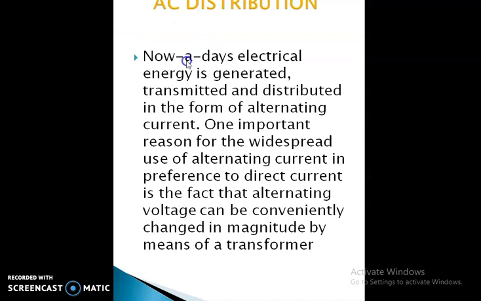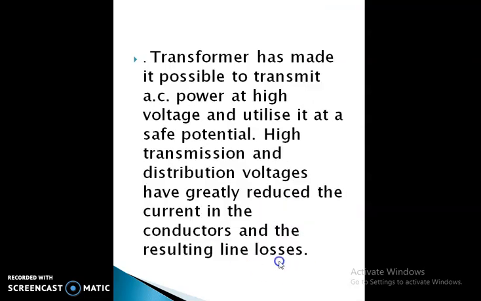AC distribution systems. Nowadays, electrical energy is generated, transmitted and distributed in the form of alternating current. One important reason for the widespread use of alternating current in preference to direct current is the fact that alternating voltage can be conveniently changed in magnitude by means of a transformer.